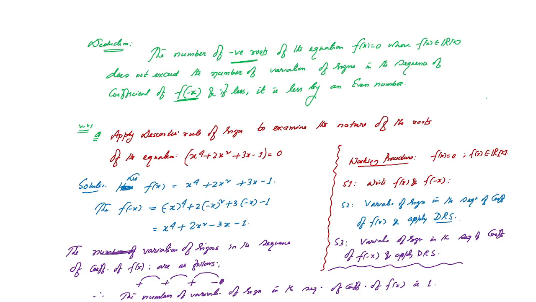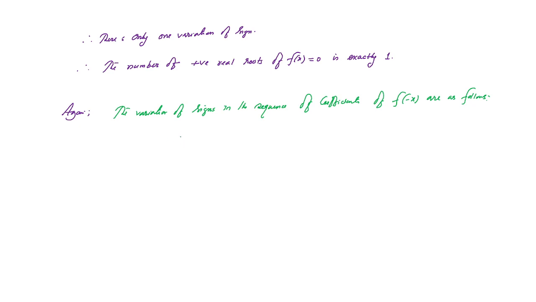Next, f of minus x is plus, plus, minus, minus. This is plus, plus, minus, and minus. That means there is no variation of sign. This is the only variation of sign. There is also no variation of sign. So we have seen here also there is only one variation of sign.